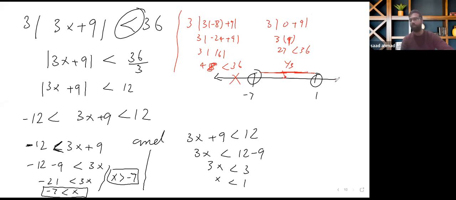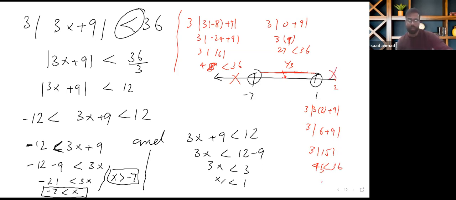And then we pick 2 from here. 3 times 2 plus 9, that will be 6 plus 9 is 15, and 3 times 15 is 45, which is not less than 36. So this is also not a solution.